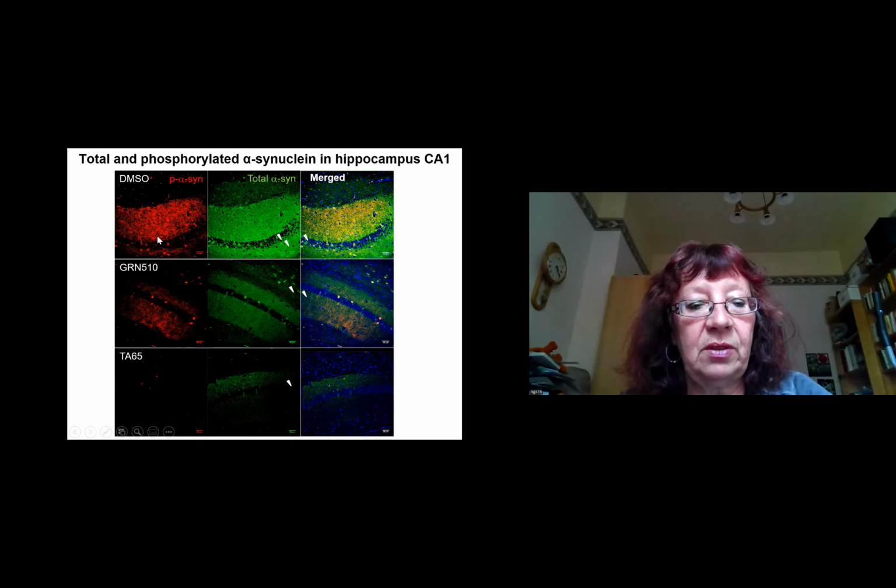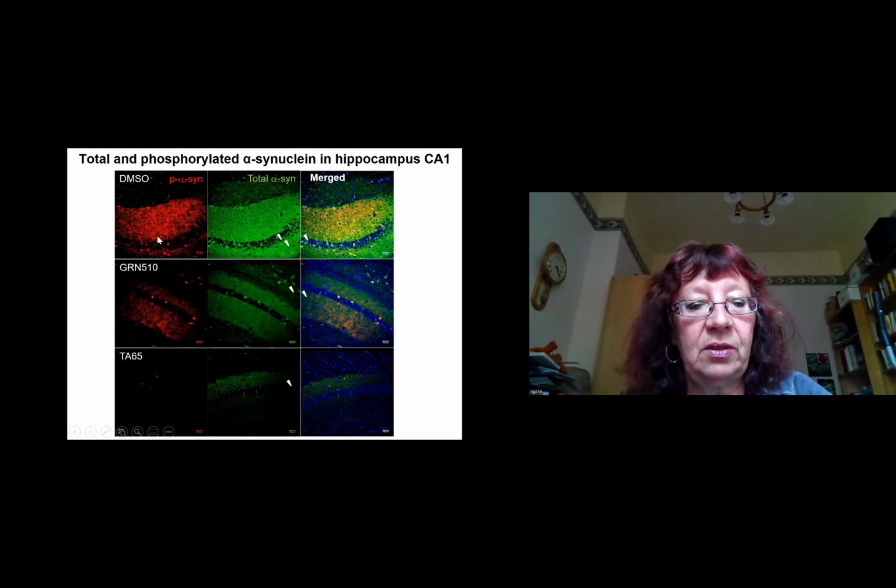Quantifies this already in the 3 regions. We focused on the hippocampal region CA1, CA3, and also the neocortex, because remember that the transgenic human wild-type alpha-synuclein is most expressed in these areas.